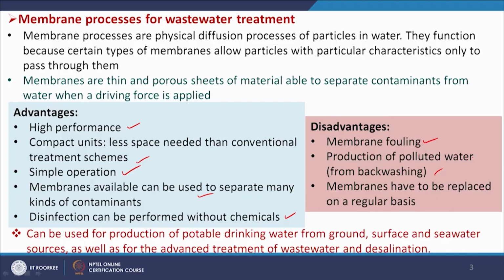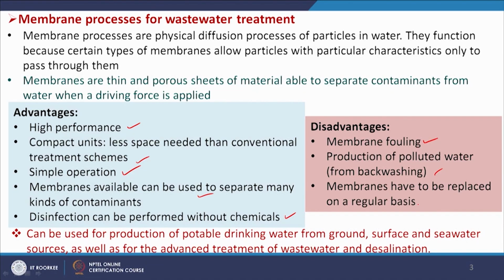This other side is called the retentate. That retentate contains the pollutants and the concentration of the pollutants is very high in that part, and membranes have to be replaced on a regular basis.